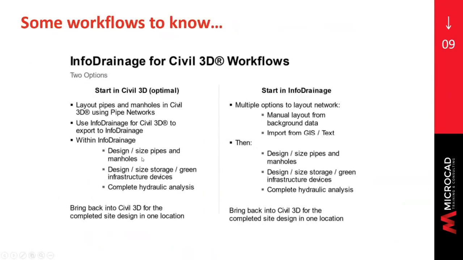Okay. Then within InfoDrainage, design and size the pipes and manholes, and then put in your green infrastructure devices, complete your analysis, and then bring that back into Civil 3D so that you'll have your completed site design in a single location.